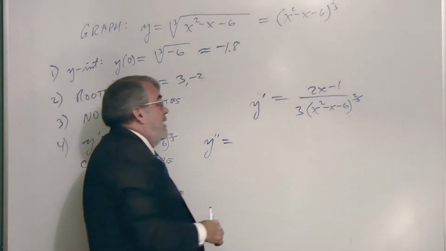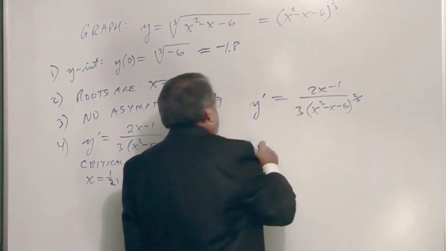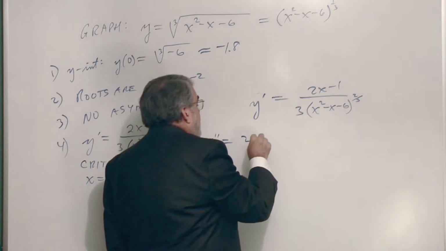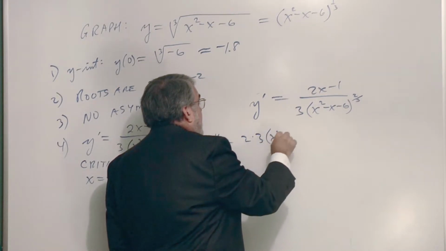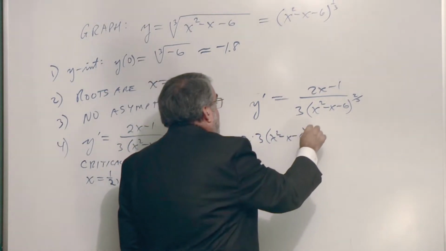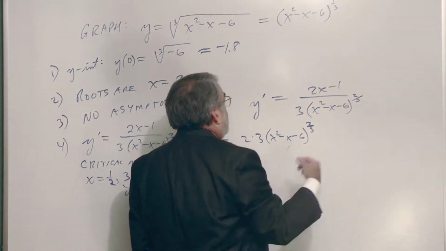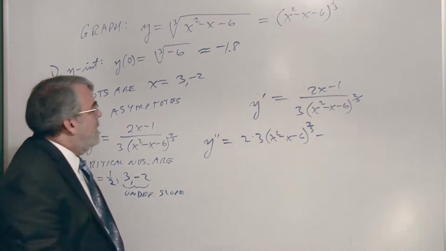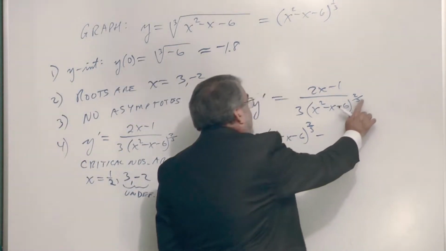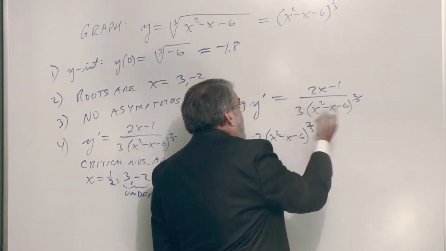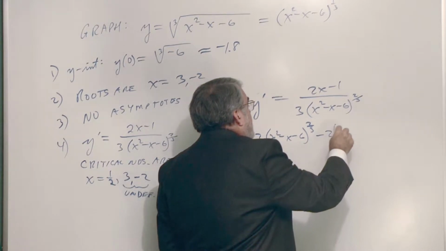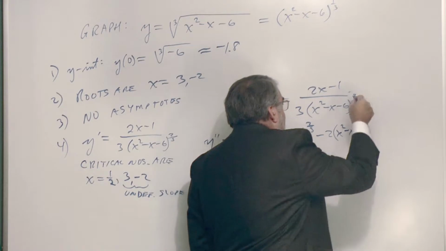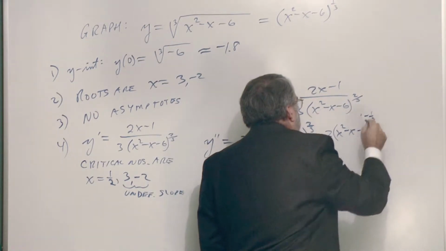Alright, so we have the quotient rule. Derivative of the numerator is 2 times the denominator, 2 times 3, (x squared minus x minus 6) to the 2/3 power, minus the derivative of the denominator times the numerator. So this derivative is 2/3 times 3, that's just going to be 2, times (x squared minus x minus 6) to the, subtract 1 from 2/3, we get minus 1/3.